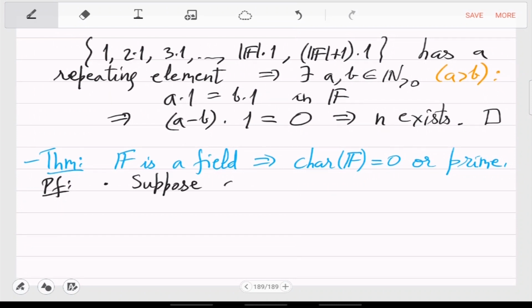So suppose characteristic is not 0. If it is 0, then you are done. If it is not 0, how do you show that it's prime?